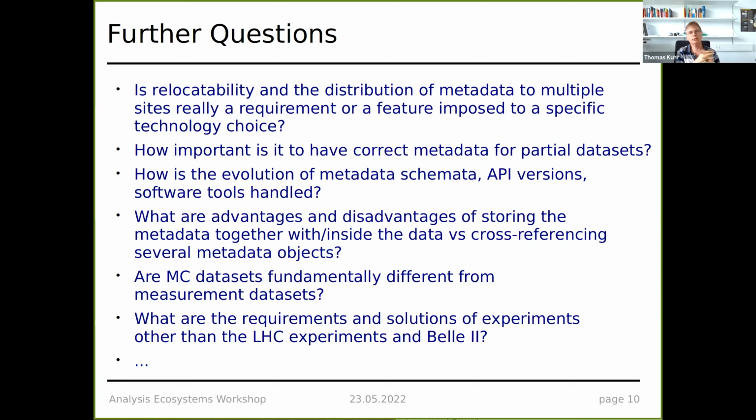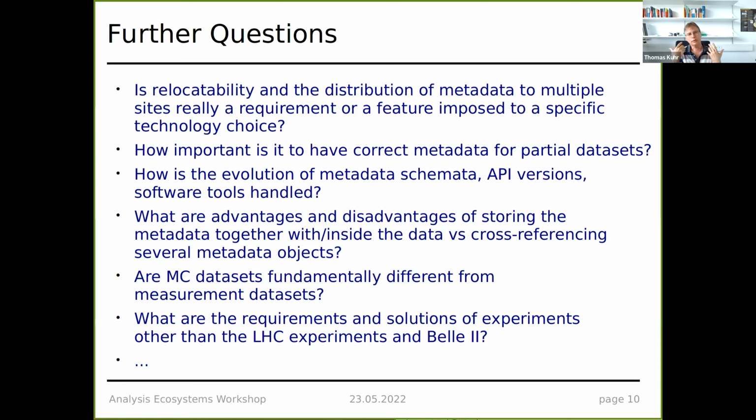We also discussed several other things in this review, and here I list some of them, so they might or might not be useful for further steps. One thing that was discussed in particular is relocatability. It was given as a requirement. But is relocatability and the distribution of metadata to multiple sites really a requirement?